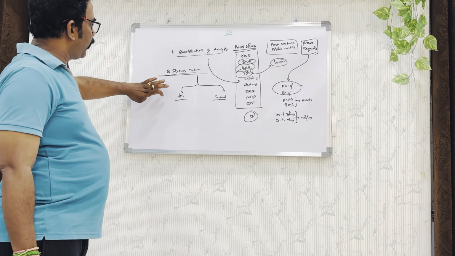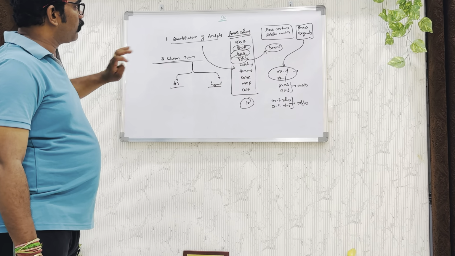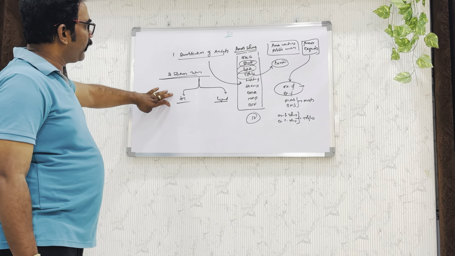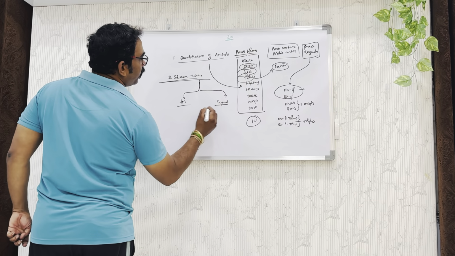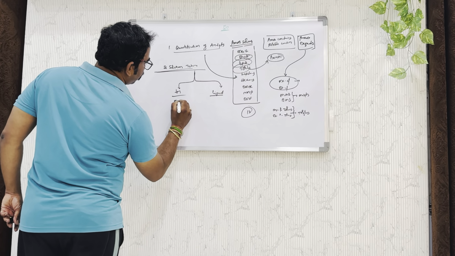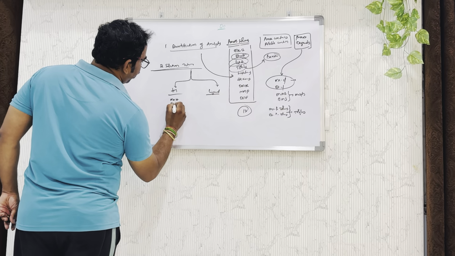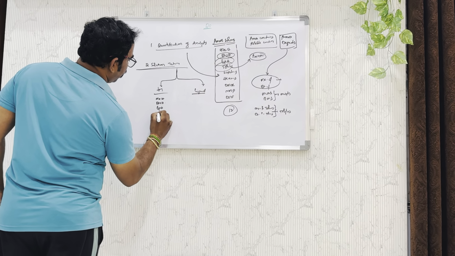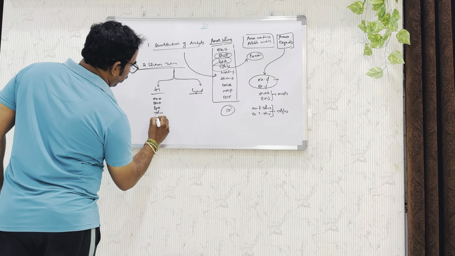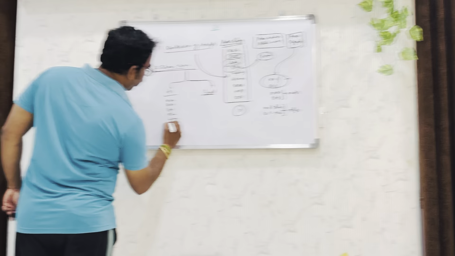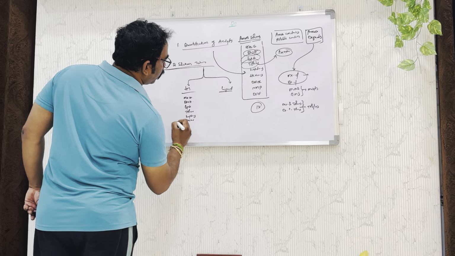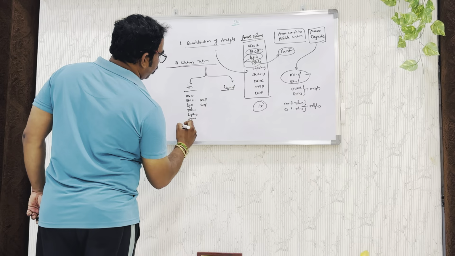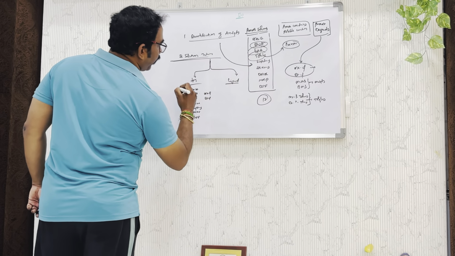Generally by headspace we can analyze the low boiling point, easily volatile compounds. For example, in headspace we can analyze ethanol, IPA, toluene, heptanes, hexanes, methyl chloride, and ethyl chloride.